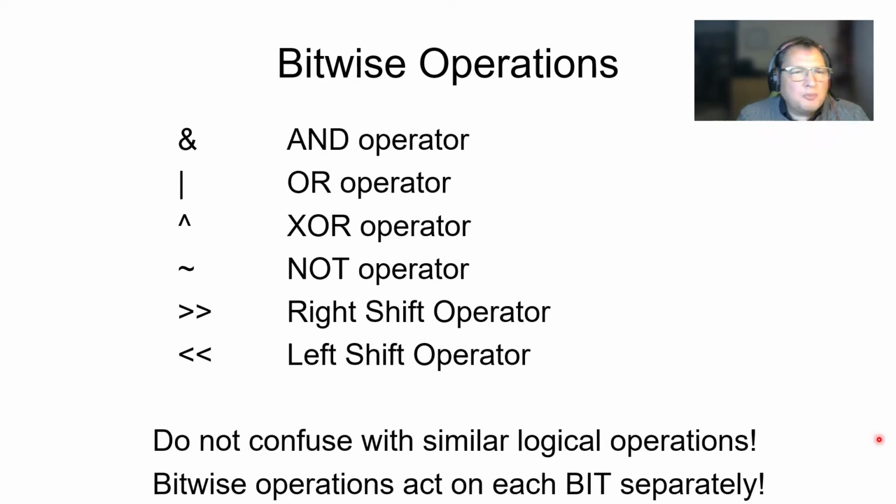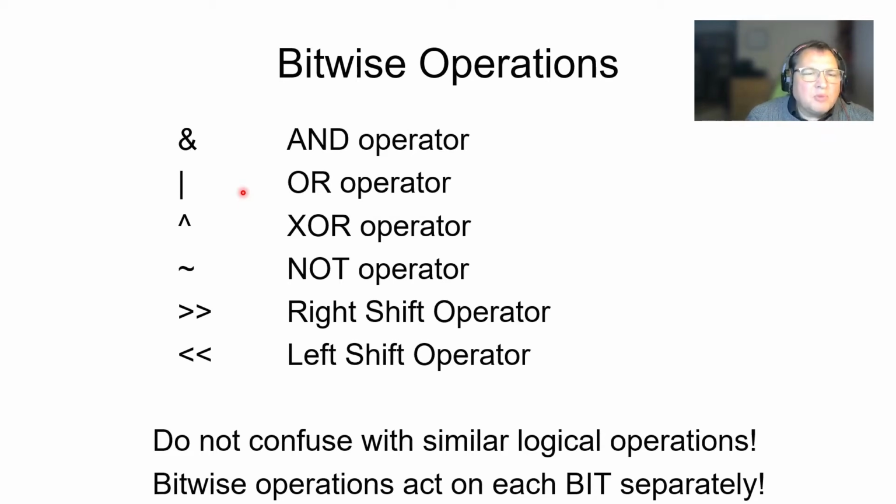There are two operations, AND and OR, which are particularly similar to their corresponding Boolean counterparts. The difference is that Boolean operators use double ampersand and double vertical line symbols, and in case of bitwise operations we just have single symbols.